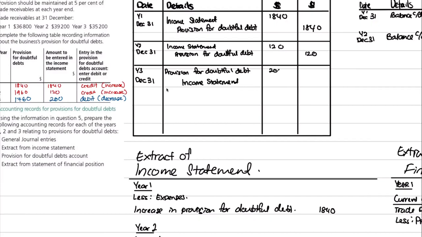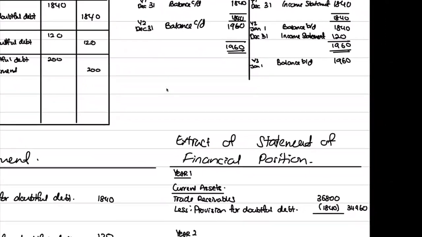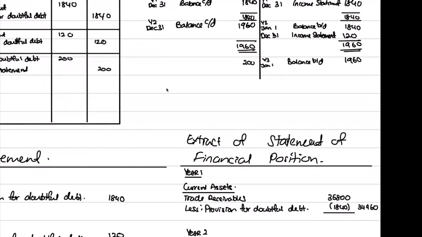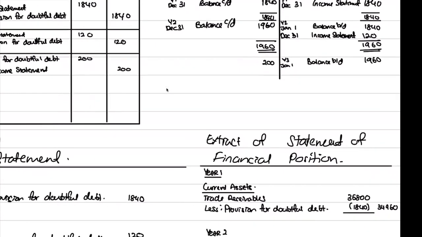Total of $200. Now, this is the part that is slightly different. I need to write 200 here. Income statement. Year 3, December 31st. Now I need to minus, I'm going to get 1,760. Balance carried down.